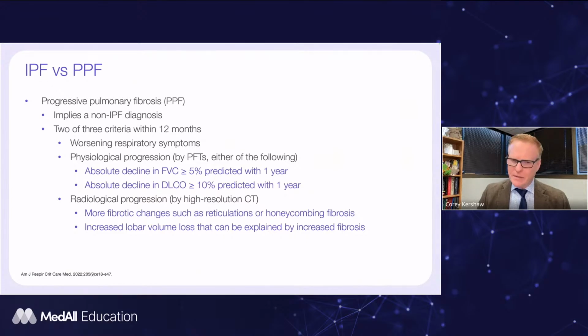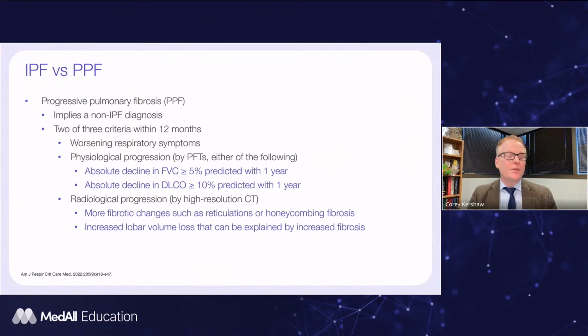What about progressive pulmonary fibrosis? So this is something a little bit different. If someone has a diagnosis of progressive pulmonary fibrosis or PPF, it really implies a non-IPF diagnosis. So these are all those other things I talked about, either an unclassifiable ILD, NSIP, hypersensitivity pneumonitis. And if they meet two of these three criteria within 12 months, then you could diagnose them with progressive pulmonary fibrosis in a non-IPF diagnosis.